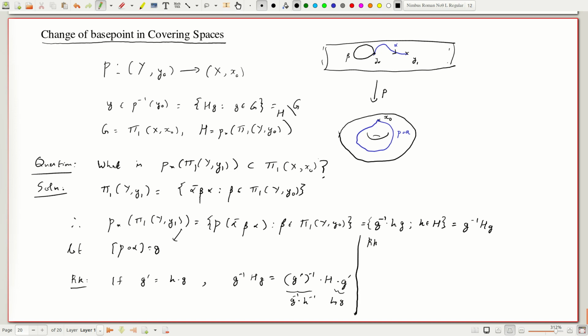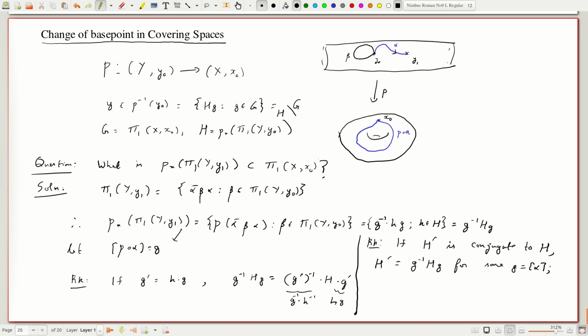So the remark is that it follows that if H prime is conjugate to H, then H prime is of course g inverse H g, that's your definition of conjugacy, for some g, and that g is alpha.